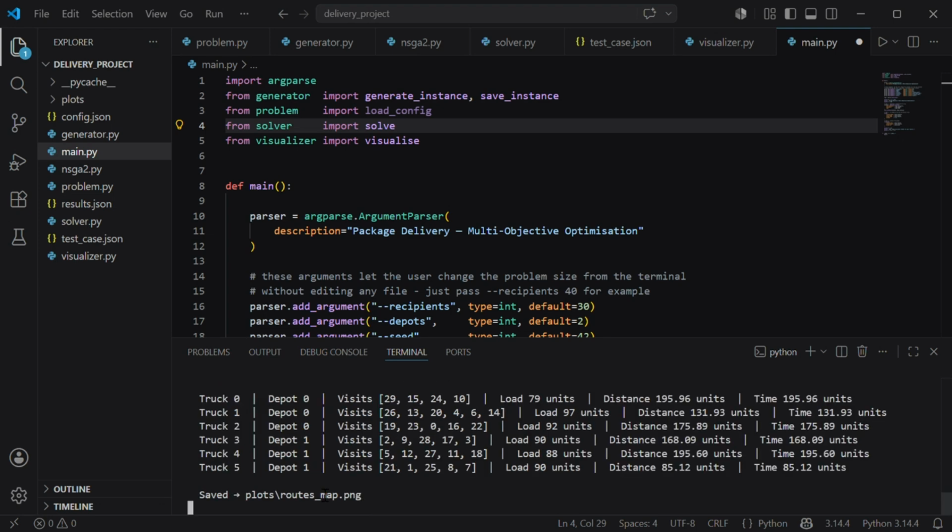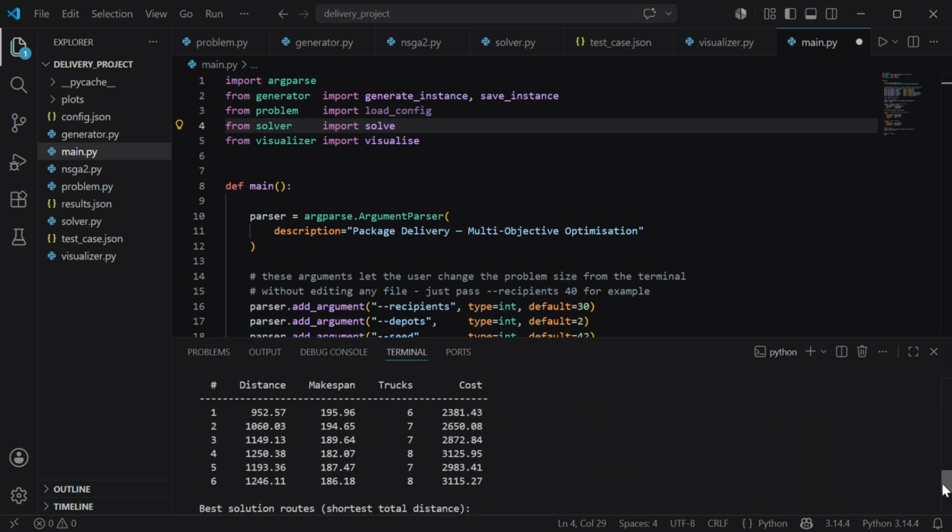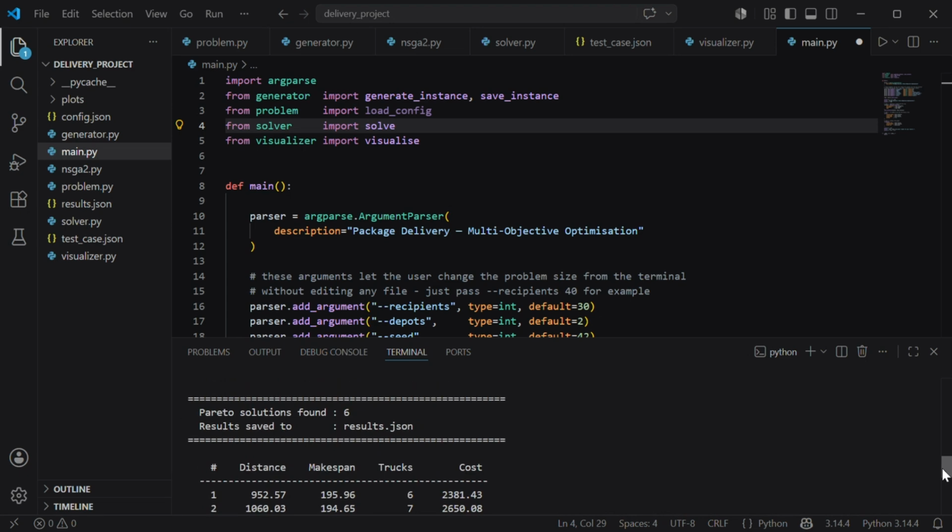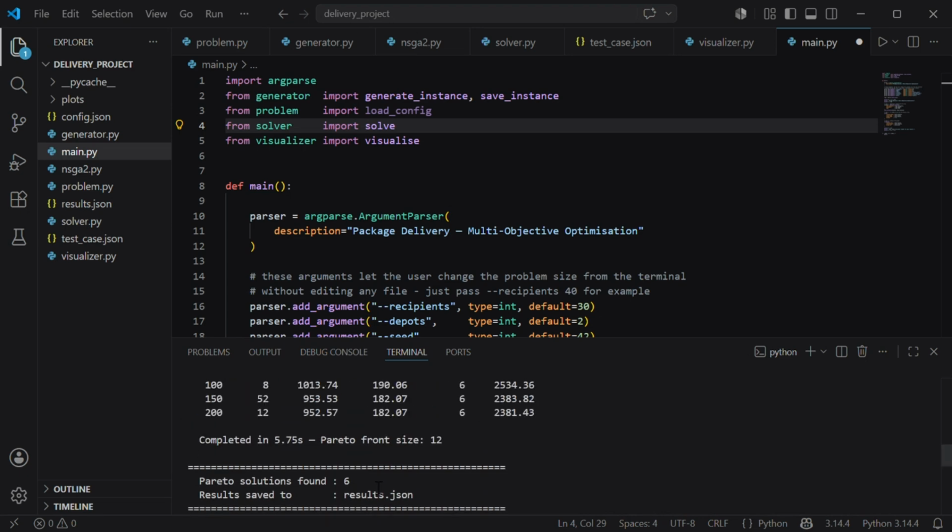The whole thing finished in about 5 seconds. We found 6 unique Pareto solutions. Look at solution 1.